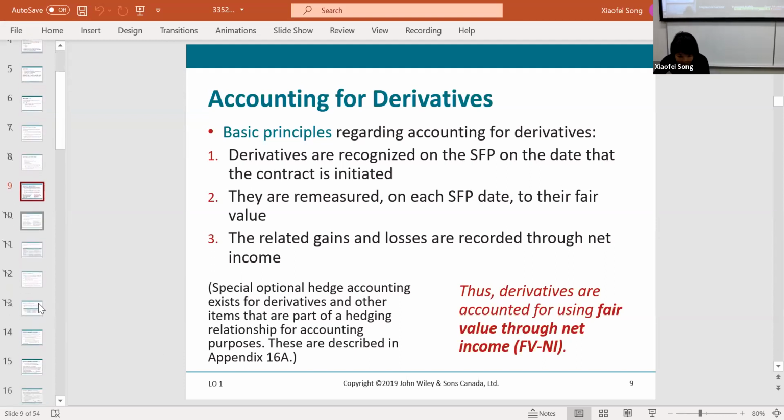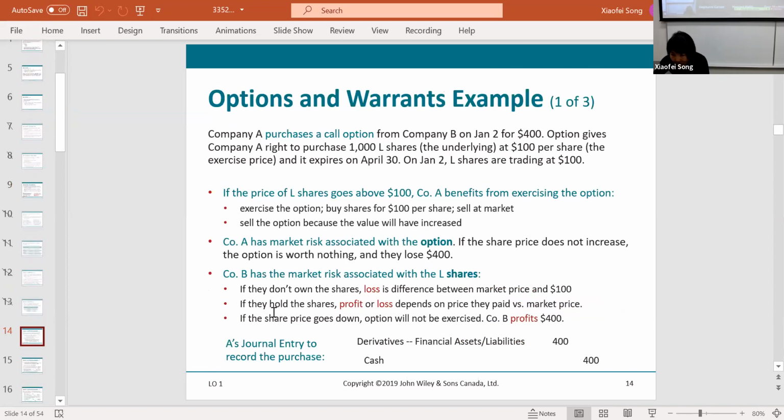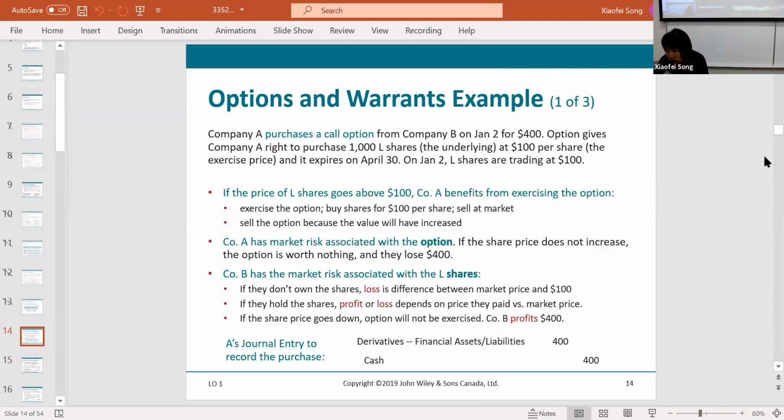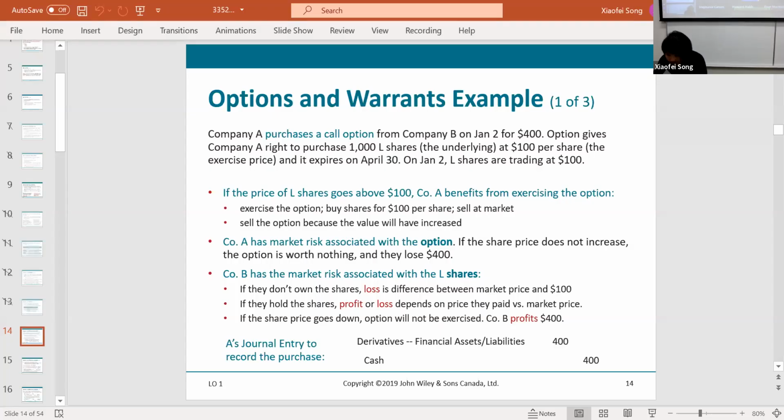Okay, so this is the example we talked about, which you can see in this recording with a lot of notes here. They explain how the value may change, but on January 2nd, this is the journal entry.